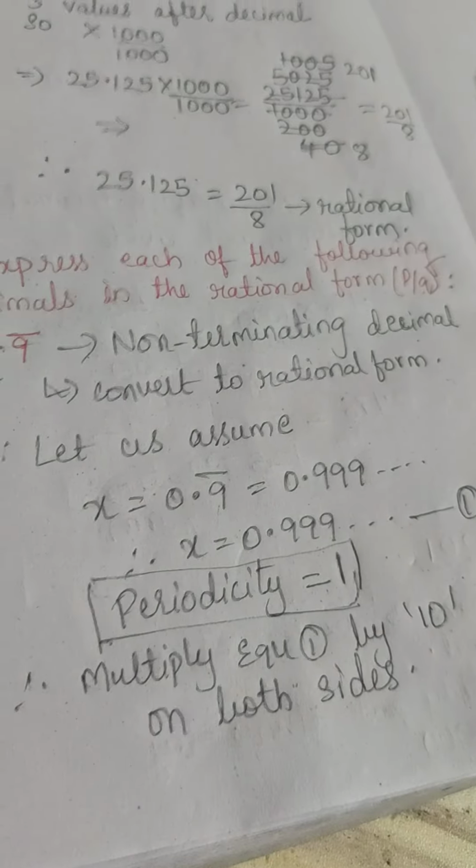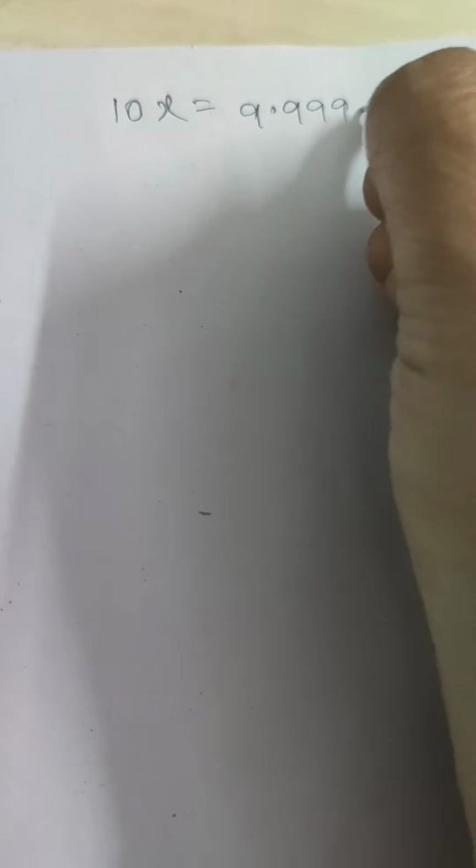We get 10x is equal to 9.999 and so on. Let us assume this as equation number 2.